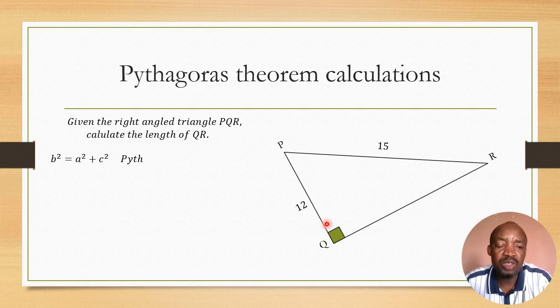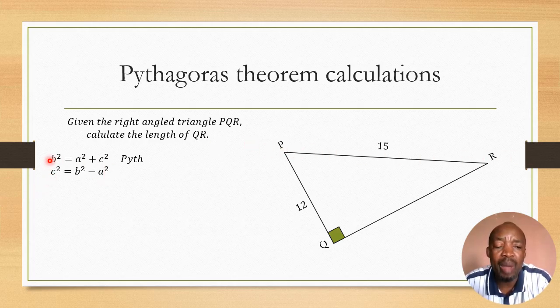b squared is equal to a squared plus c squared, theorem of Pythagoras. But why? Because that is a 90 degrees. That means the triangle is a right-angled triangle. We substitute. Before substituting now, remember we are looking for this side. We are no longer looking for b squared, which is that side.